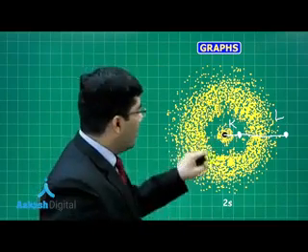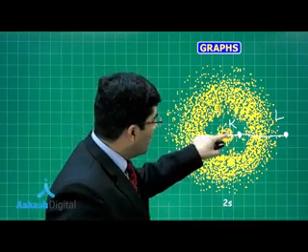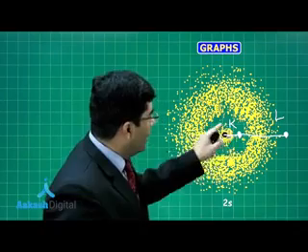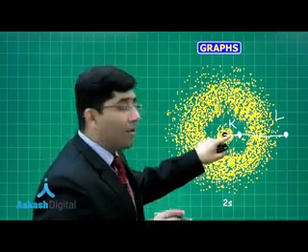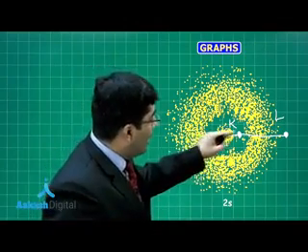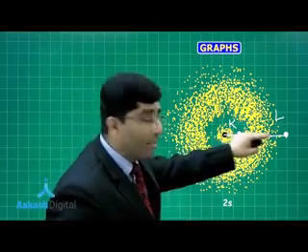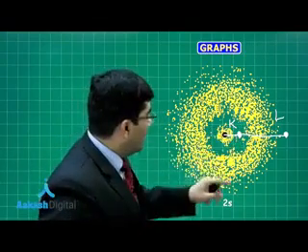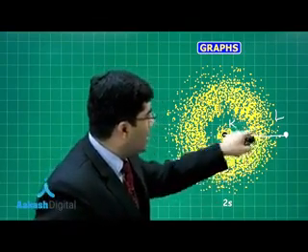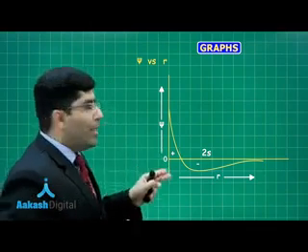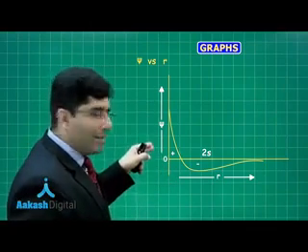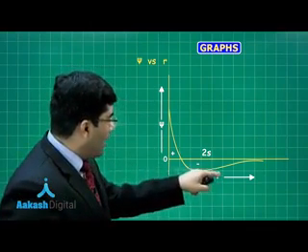So what are we doing? We are moving from the nucleus, and when we come in between the K shell and the L shell, the probability of finding the electron becomes 0, and then again it increases, then decreases, and then 3s will come. Between 2s and 3s, the probability of finding the electron will be 0. So the graph is like this. Xi is on the y-axis, distance is on the x-axis.